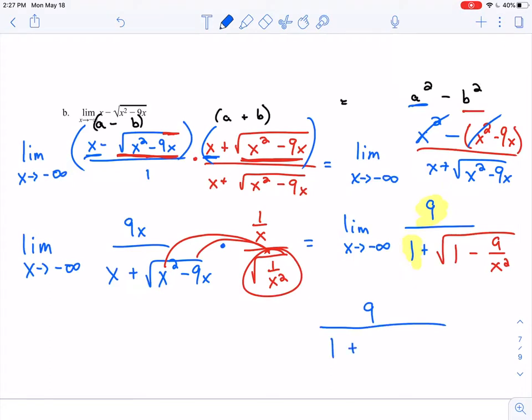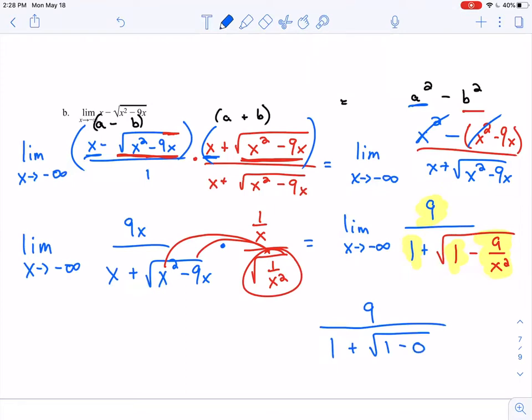That will approach 1, plus the radical. Here, I have another constant, 1, so 1 should appear under my radical. It doesn't depend on x in any way. And once again, I've got 9 over x squared this time. Here I have a positive power of x in my denominator and my numerator is a constant. So that particular term must approach 0.